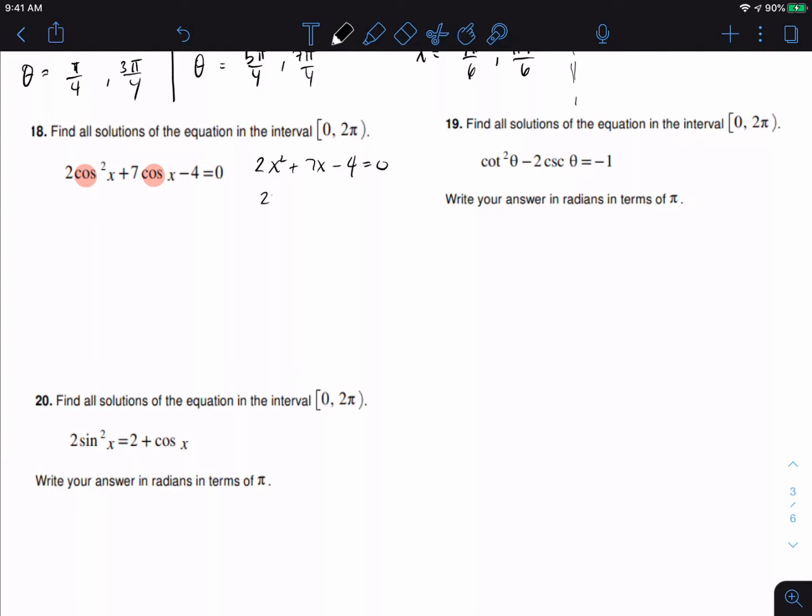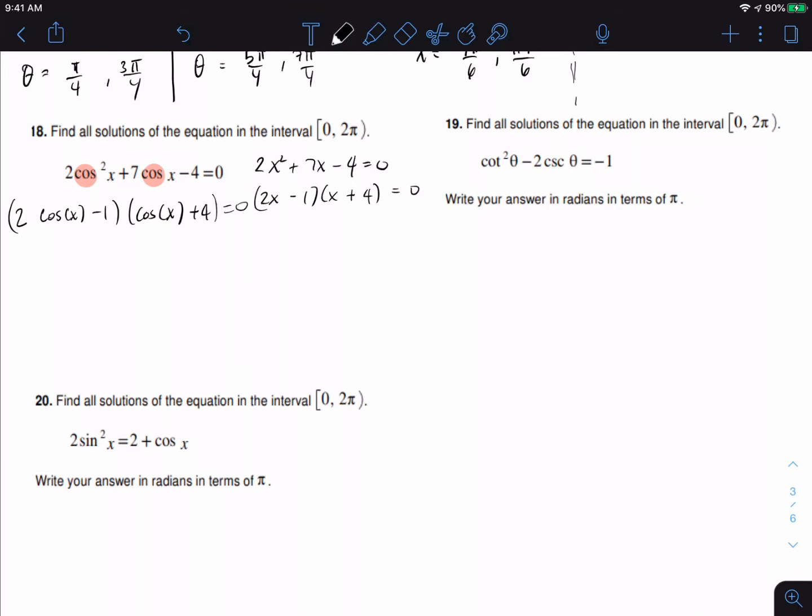And that gives me 2x and x, and that looks like 4 and 1, so I should get plus and minus. So now I know what the factors are, so I'm going to get 2 cosine of x minus 1 and cosine of x plus 4, and that's supposed to be equal to 0.